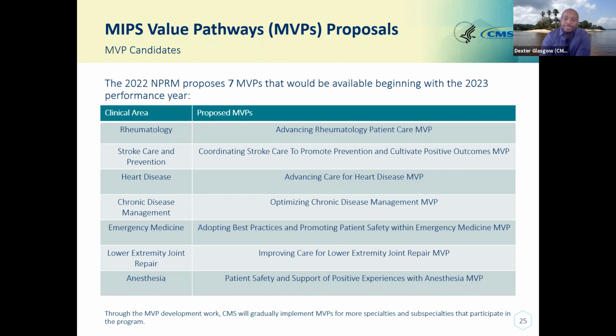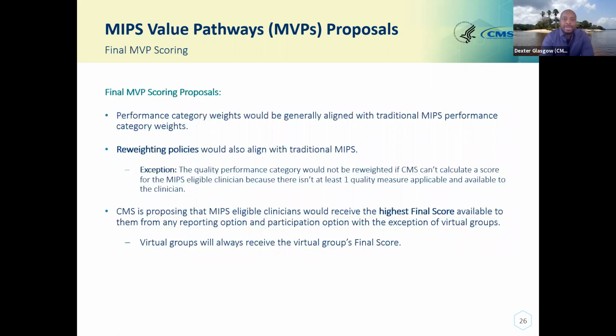I ask you to please refer to the proposed rule appendix, where we include the details of these MVPs, including which measures we propose to include in each. For the MVP scoring, we believe and propose that including subgroups in the scoring hierarchy would allow for meaningful data collection and assessment under MVPs, while applying our existing policy of allowing clinicians to receive the highest final score and payment adjustment that can be attributed to them.